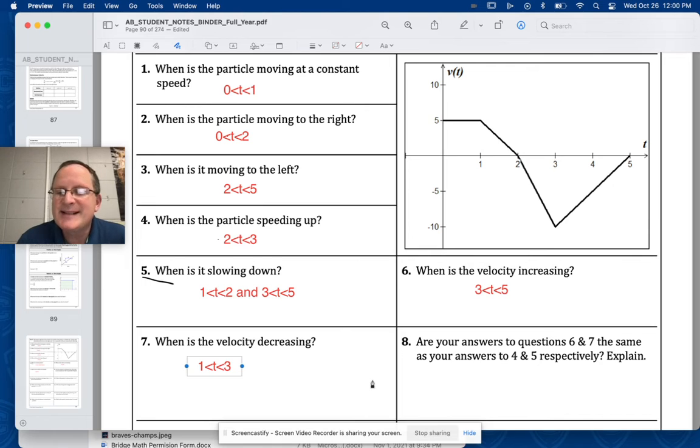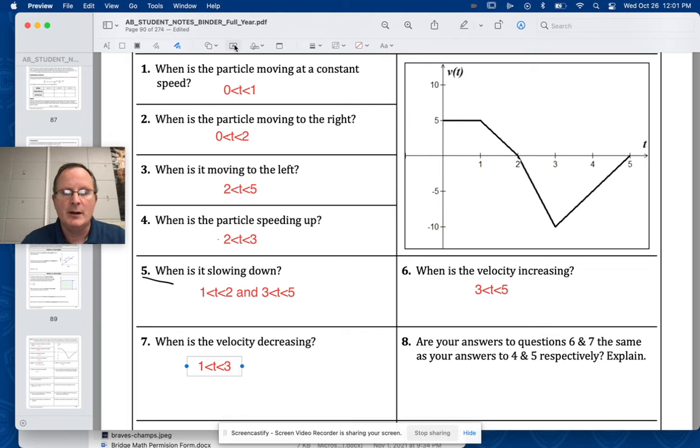Are your answers to 6 and 7 the same as your answers to 4 and 5? Not at all, because velocity increases where acceleration is positive. But as far as speeding up and slowing down, that's whether or not it's being pushed in the proper direction.